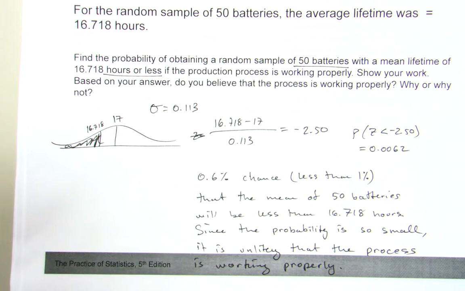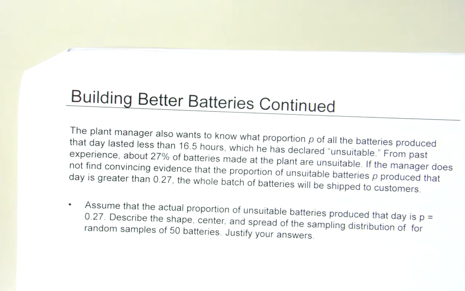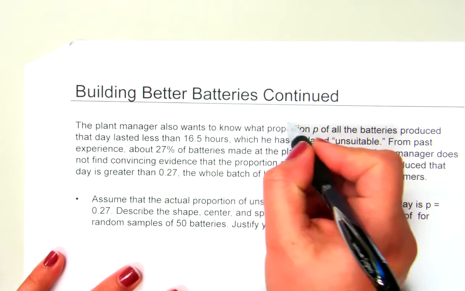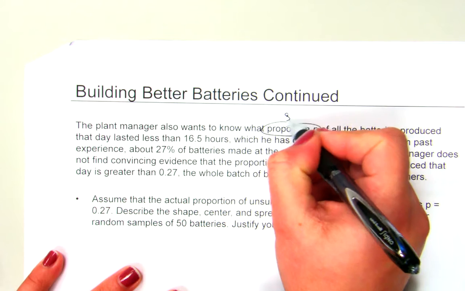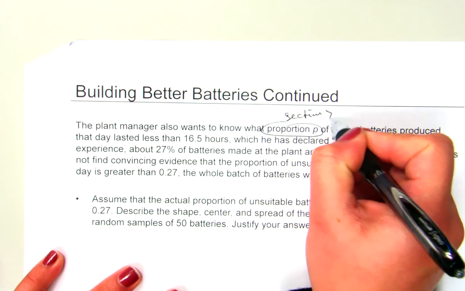All right, 17 and 18. It's almost the same thing, except for number 17, we go back to what we did in section 7.2. And then we work off of that one. So a plant manager also wants to know what proportion p. Okay, so this comes from section 7.2.